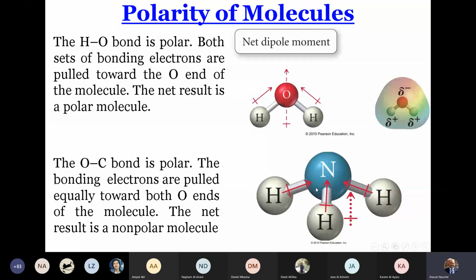Is the sum of the vectors equal to 0 or different from 0? If you look, the vectors are in the same direction. So the sum is different from 0. In this case, the bonds in NH3 are polar. So this molecule is polar.